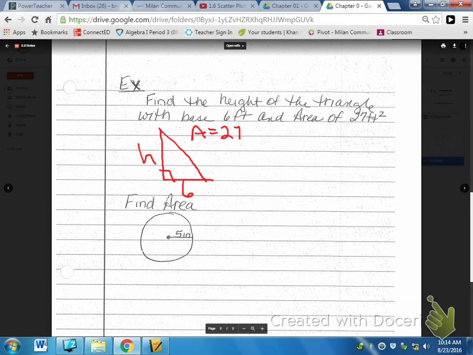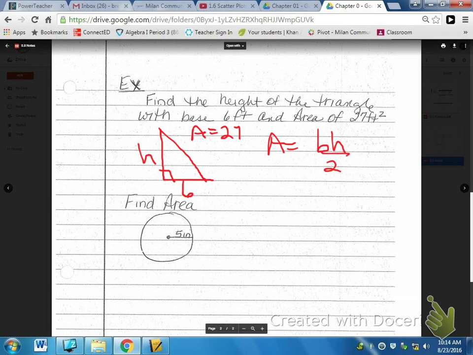So what I would recommend, like all of these problems, you should begin with writing the formula. That way, that'll help you remember them, and you can recall them when you take a test, and they're not given to you. So for area of a triangle, I would go base times height divided by 2. You could do 1/2 base times height, whatever you prefer.